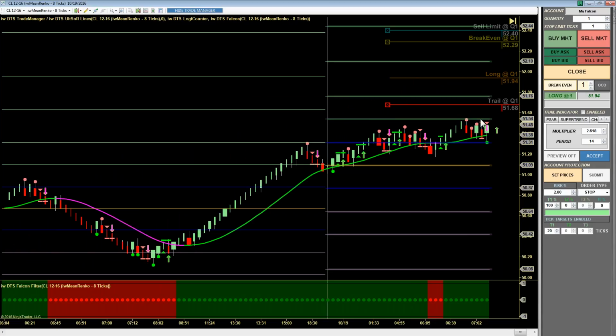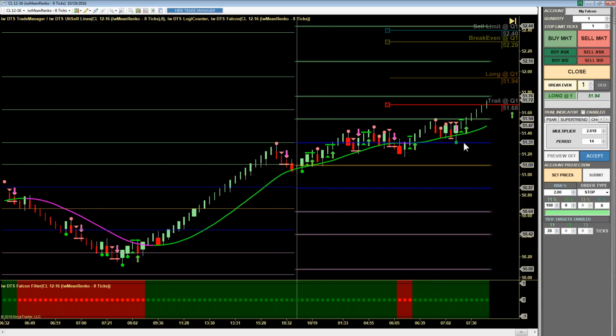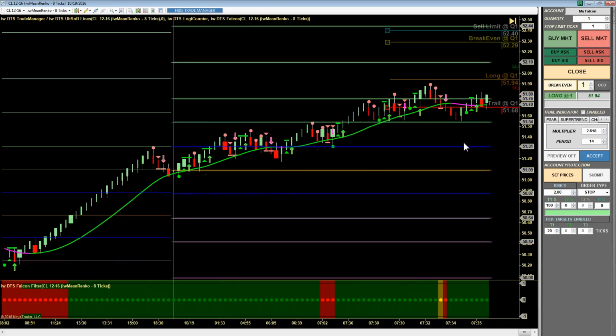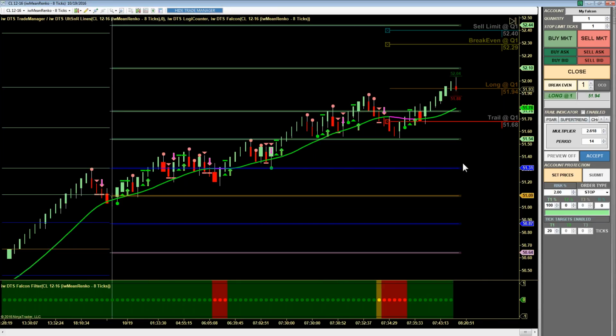And then we can bracket to take the trade either higher or lower. If you're unclear, or if the bracket seems a little bit too tight, because hey, let's face it, crude can be a pretty volatile market. The alternate strategy is to allow the market to release the report and then see what kind of range it makes and then bracket that range. That's kind of where we're at right now.